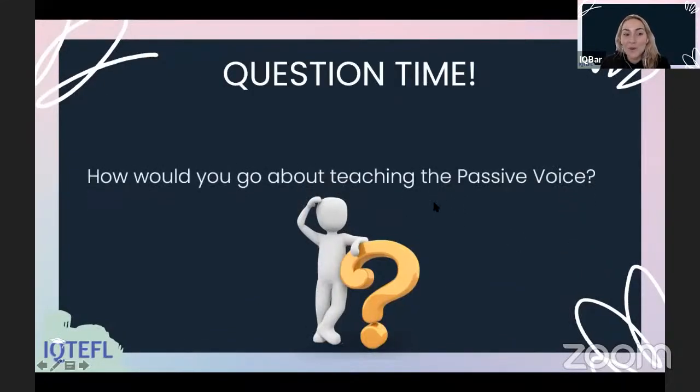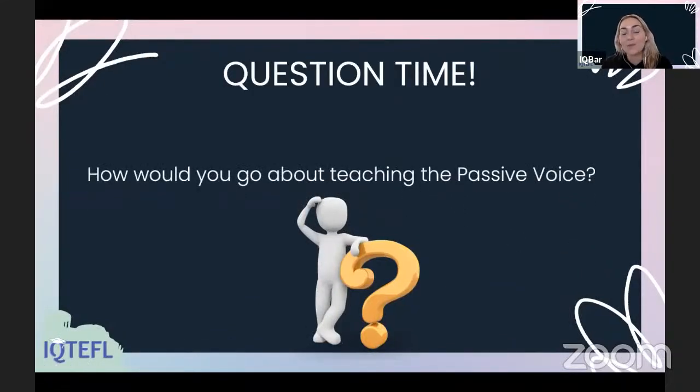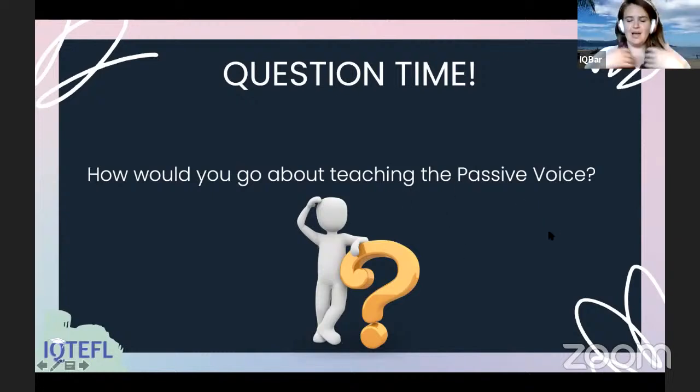So we have a question. So how would you go about teaching the passive voice in your lessons? Well, me personally, I always try to give a well-modeled example sentence, or as many as I can, in the simplest form for my students.